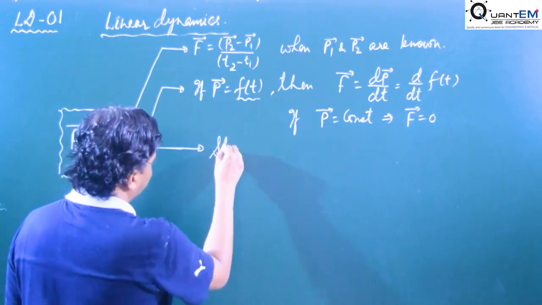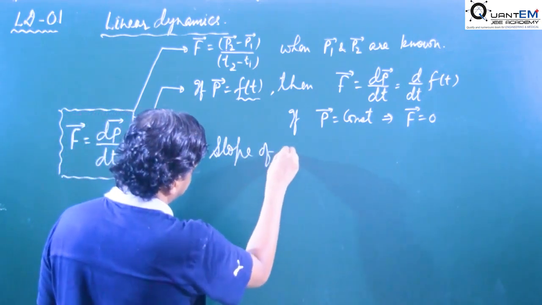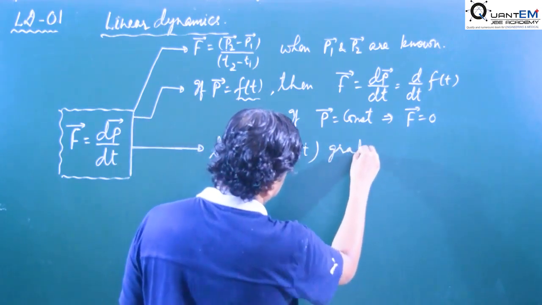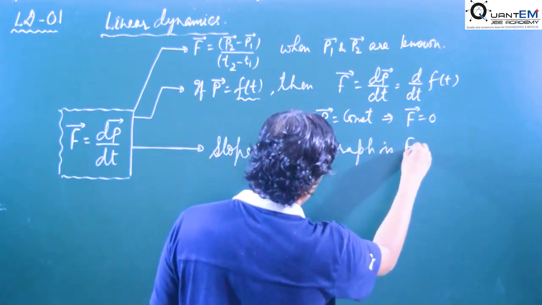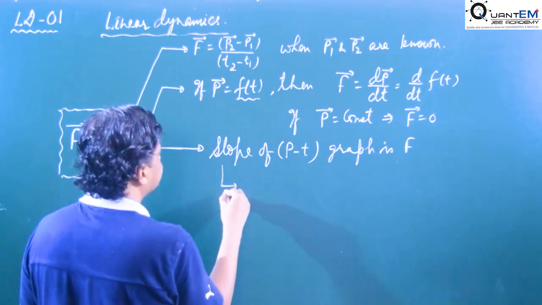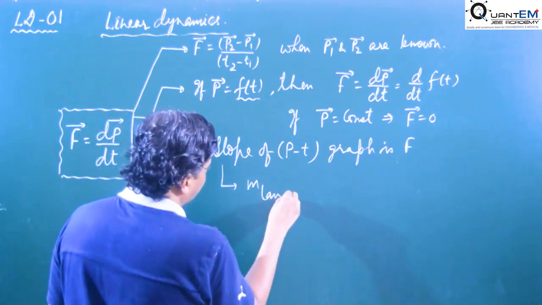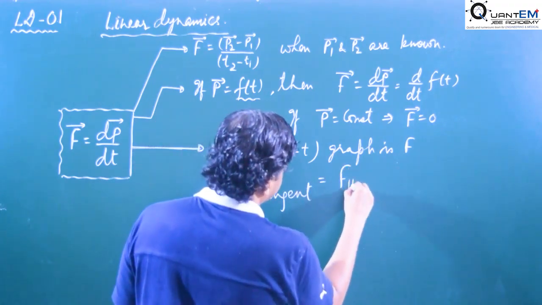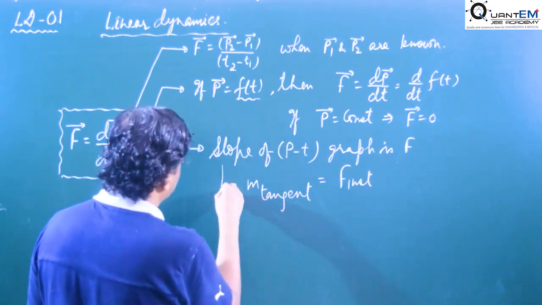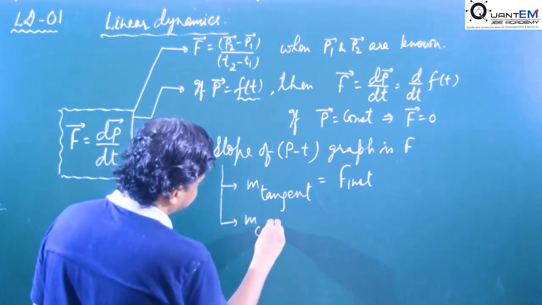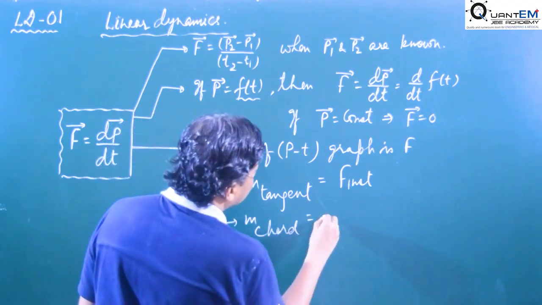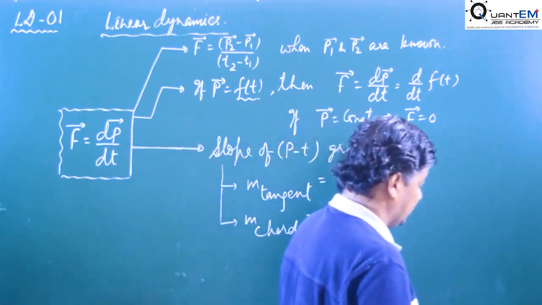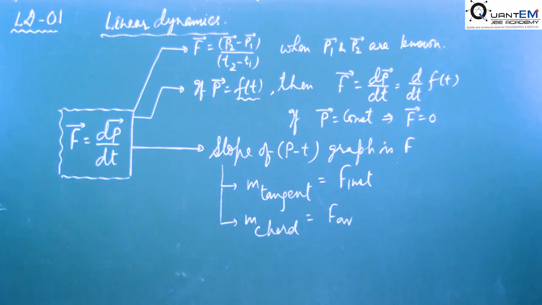So the slope of the momentum-time graph is force. This also has two parts. The slope of the tangent will give you the instantaneous value of force, while the slope of the chord will give the average value of the force.